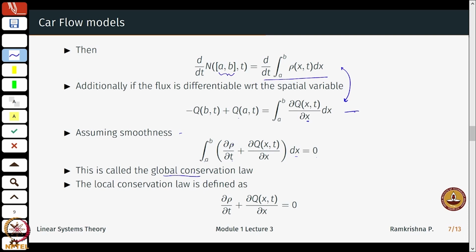A little proof will also show, okay, we will skip the proof, that I can just write this down as a local conservation law for any point x, valid for any point between 0 and L, if L is the length of the entire highway. Okay. So, this also resembles the mass conservation law in fluid dynamics.